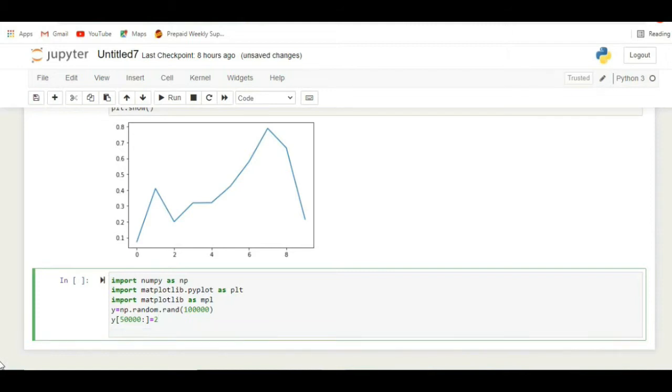This is a little lengthy code, and of course it will have a little different results.